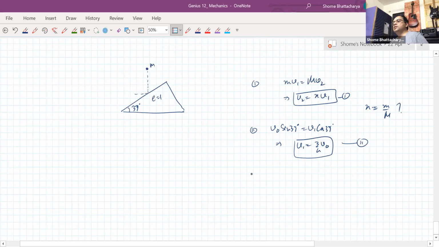And the third thing: the coefficient of restitution being 1, the separation velocity would have been equal to the approach velocity. So the separation velocity would have been v relative, because in this frame, this v relative would have been in this direction. This angle is theta. So v relative sin 37 would have been equal to v approach.